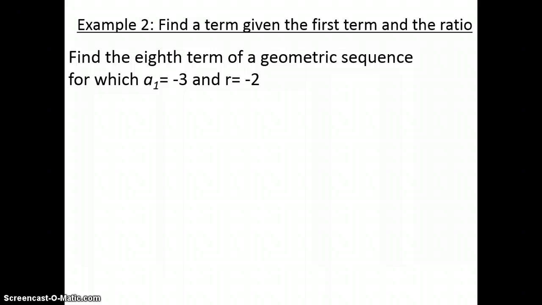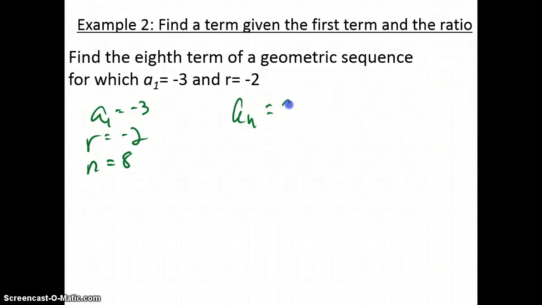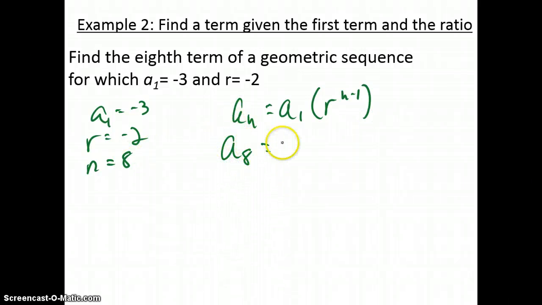If we're going to find the 8th term, and we have a sub 1 equals -3 and r equals -2, then n is 8 because it's a position number. So we have our formula here. We want a sub 8, which just represents our 8th position.